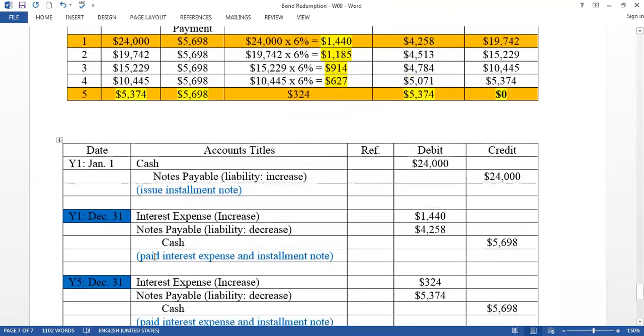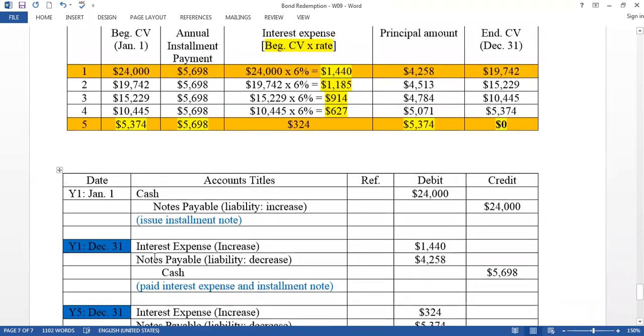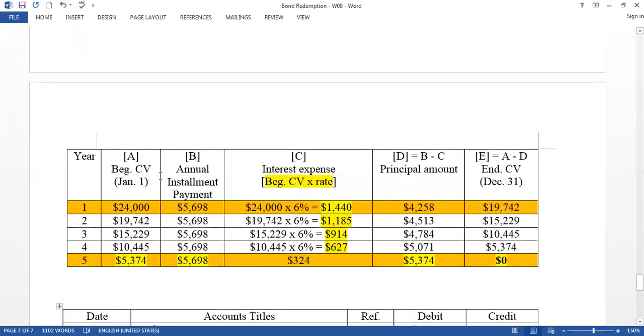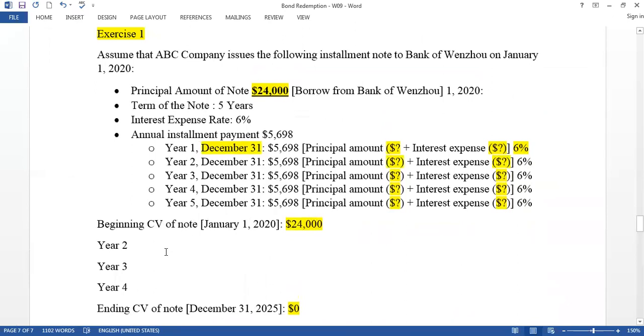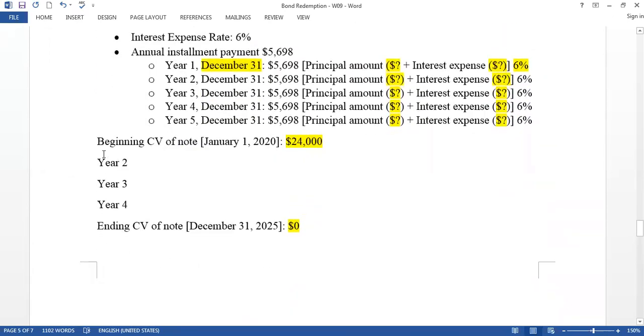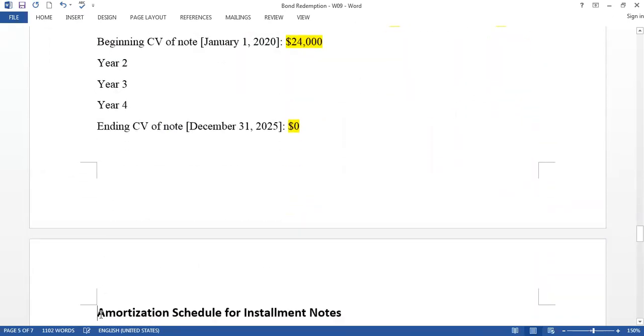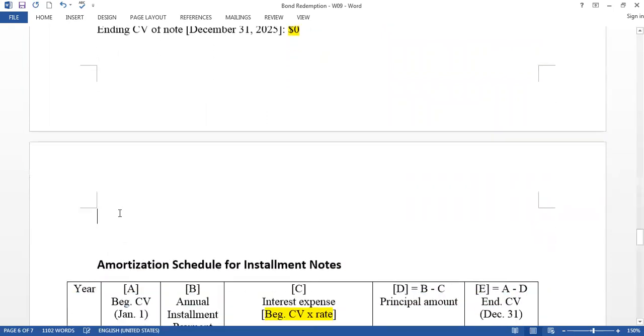In the exam question, I may ask you to prepare the schedule and record journal entries for year 1 and year 5. So maybe this is your question. This is the question and requirement.